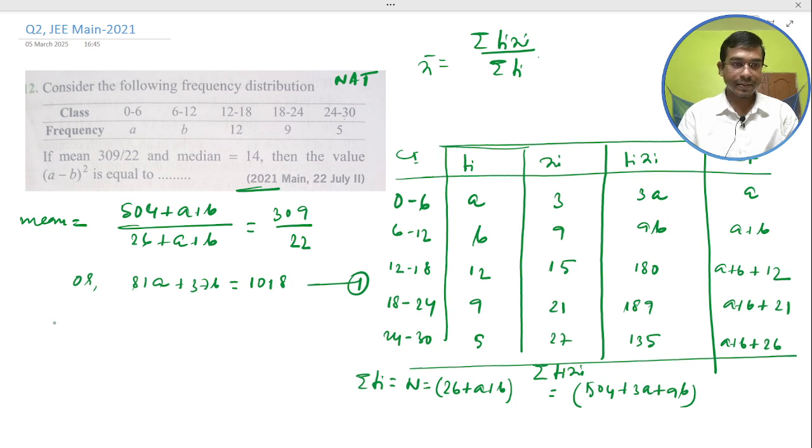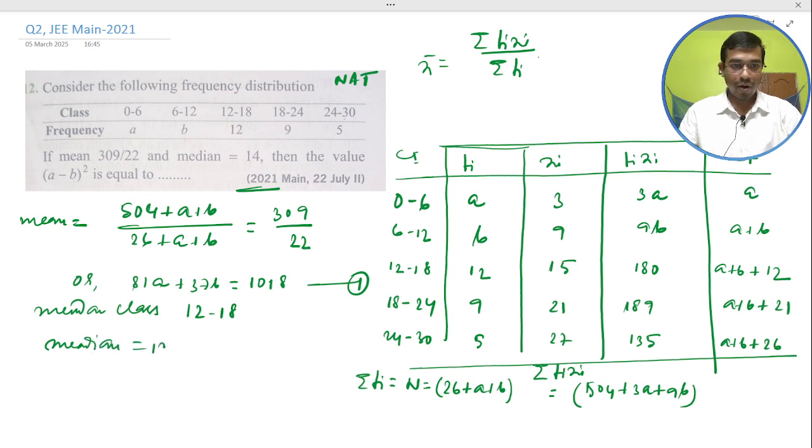So the median class, that is what? 12 to 18. So for the 12 to 18 median class, the median would be what?